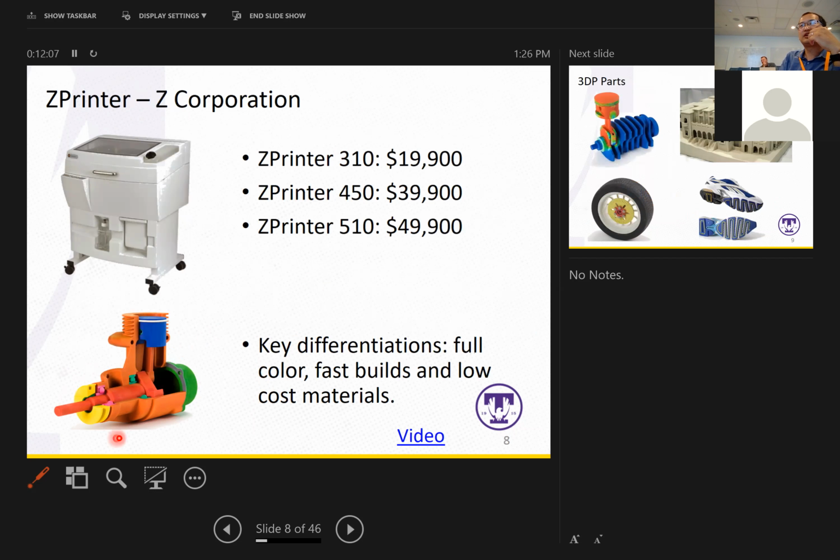You can have really very good appearance for the part, and the printing speed is pretty good. And also, because the material is just some plastic or other type of low cost material, so the total cost seems to be low, but you have the difficulty of post processing. So I don't know, after all, it's cheap or not, but if we just talk about the material, it seems to be very cheap, all right?